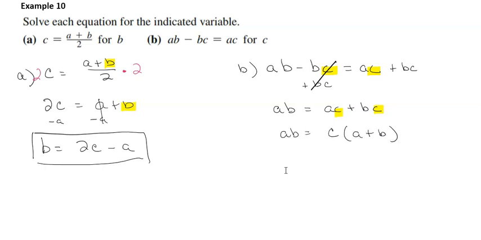All right, so now we're looking for C. We want it to be alone, and the only way to get it alone now is to divide by the quantity A plus B. And so now we get C equals AB over A plus B. And that's the final answer for C.